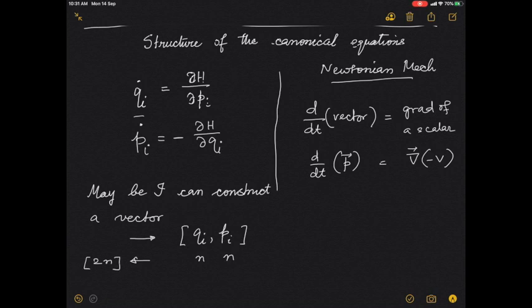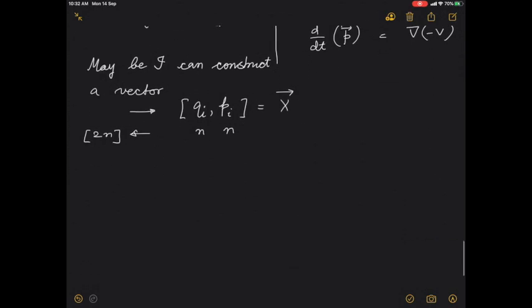It's a 2n vector. So let us give it a name. Let's call that capital X, and I put a vector sign also just to remind you that it's a vector. But if this is a vector, the gradient has to be with respect to this, and then I cannot write the right hand side as a gradient with respect to X because I have a minus in the second one.